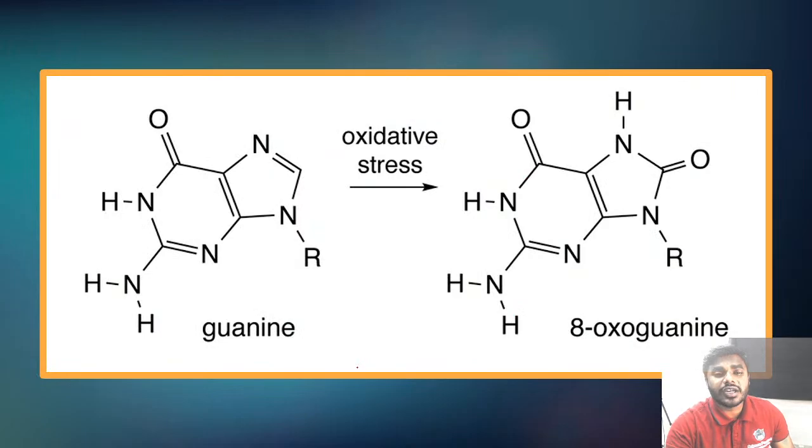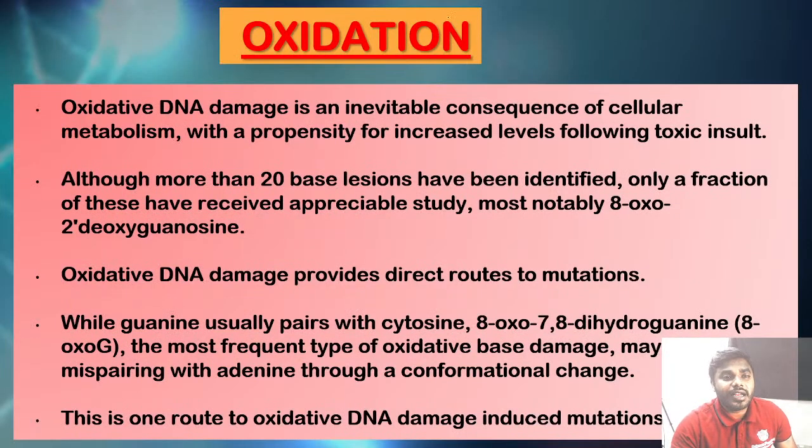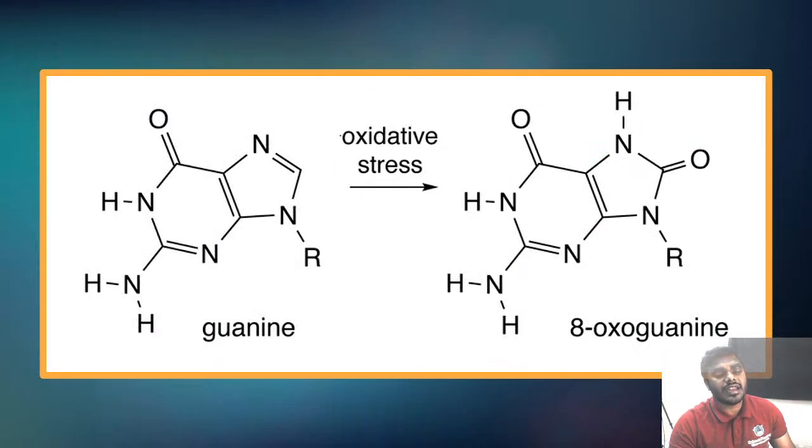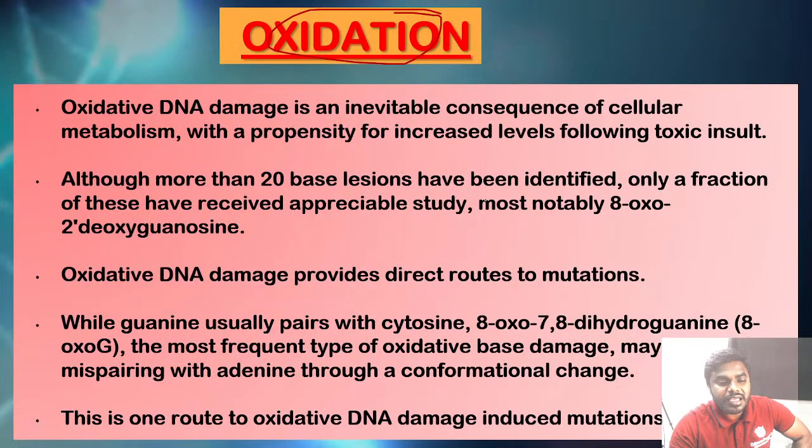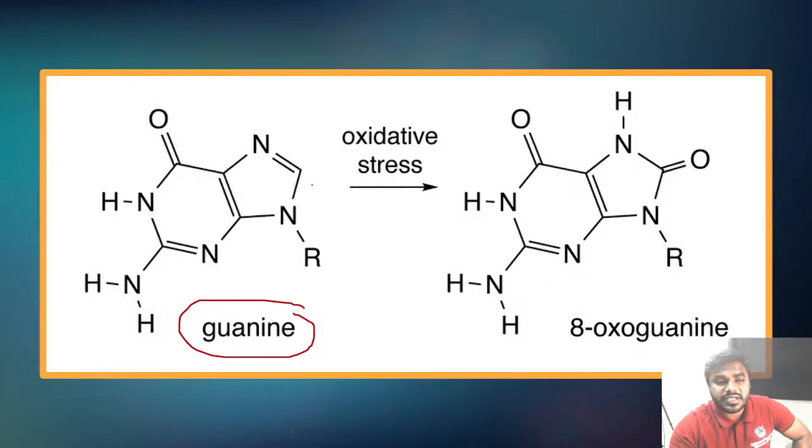Later we studied oxidation also. What did I tell you about the oxidation? The treating of the DNA with what, friends? The treating of the DNA with oxidizing agents, where the guanine, upon treating with many oxidizing agents, is converted into 8-oxoguanine, where this particular oxo group is added at the 8th position.